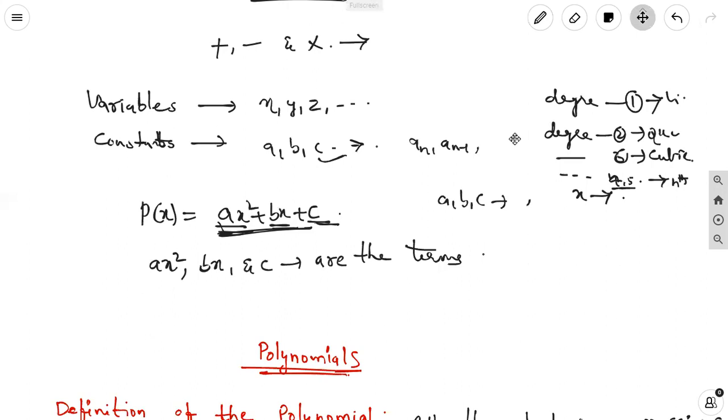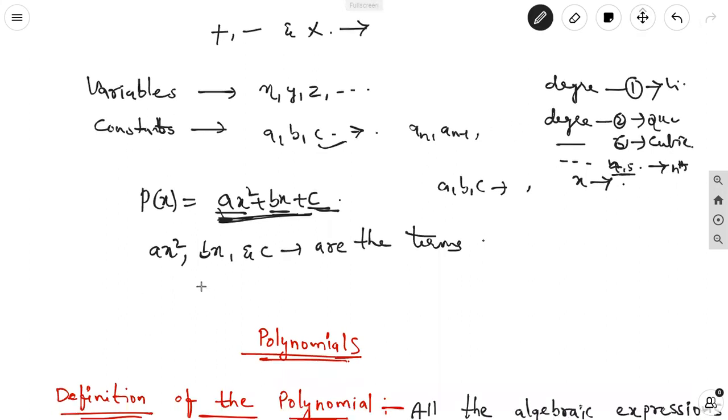The constant that x square has is called the coefficient of that variable's degree. The next term is x, whose coefficient is b. The constant, or x power 0, is nothing but c. So these are the basic things on polynomials.